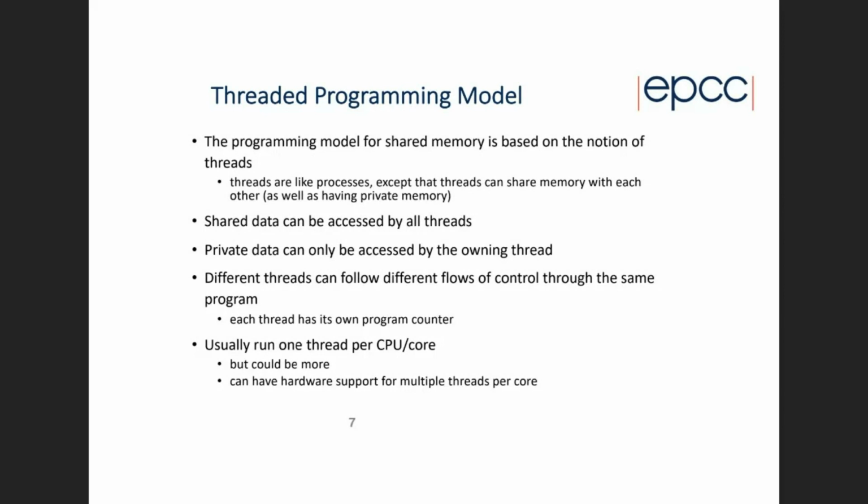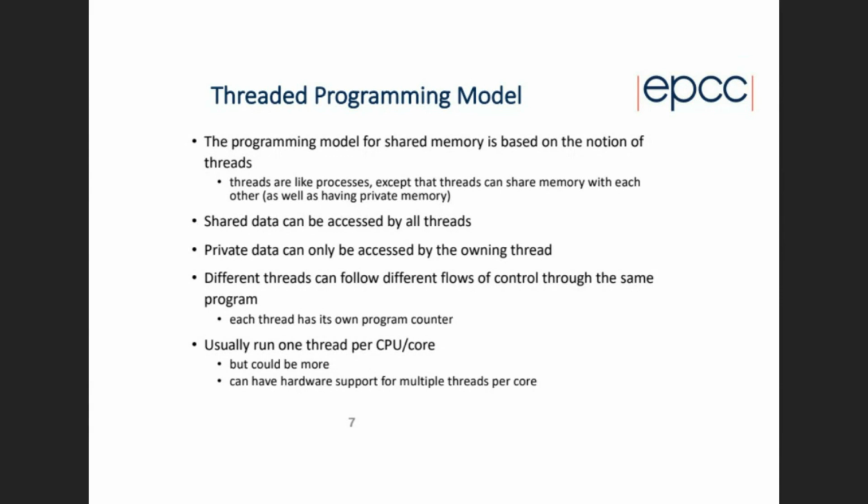So that means essentially that program data comes in two types. There is some shared data which can be accessed by all the threads in the program, and then every thread has some private data which can only be accessed by the owning thread. Well, at least logically anyway. It may be technically possible to access another thread's private data, but that's a really, really bad thing to do.